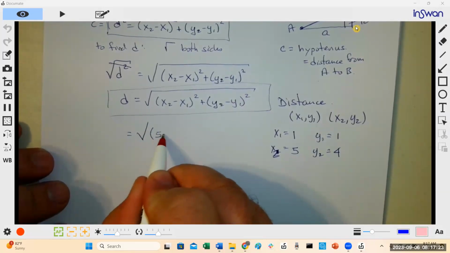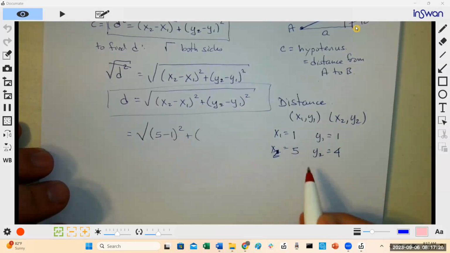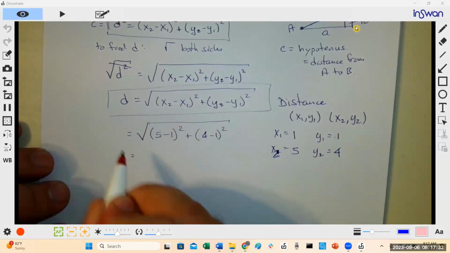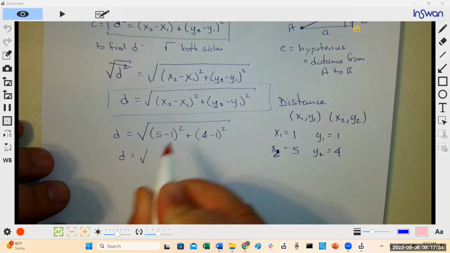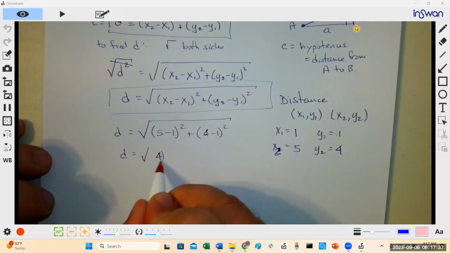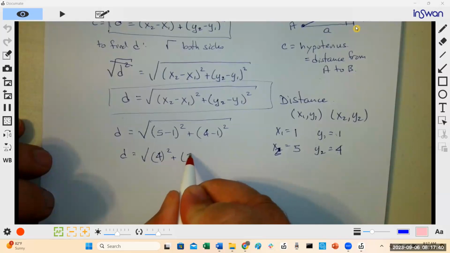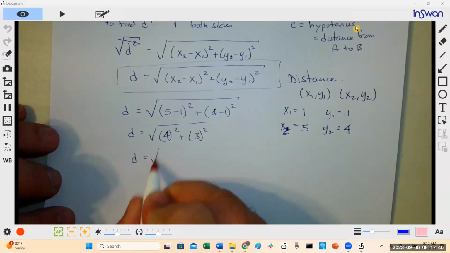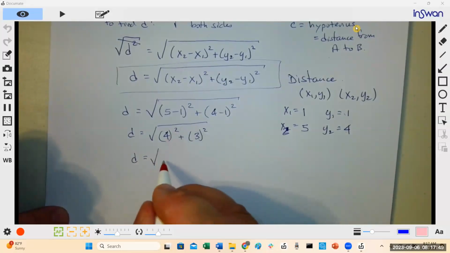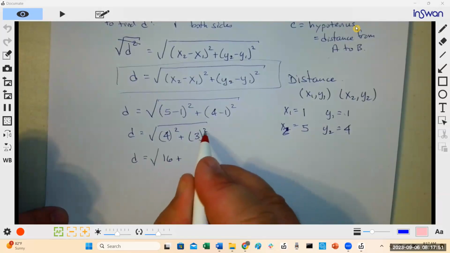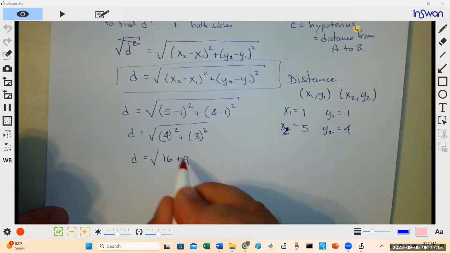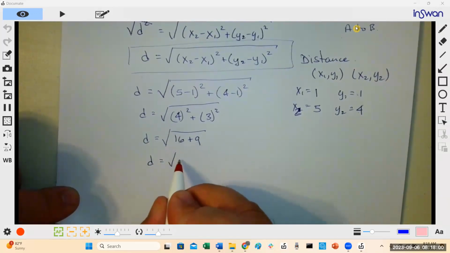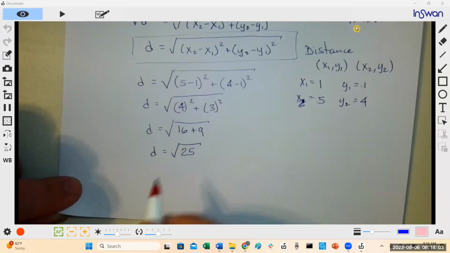So 5 minus 1 squared, plus 4 minus 1 squared. 5 minus 1 is 4. 4 minus 1 is 3. 4 squared means 4 times 4, which is 16. 3 squared means 3 times 3, which is 9. 16 plus 9 is 25.